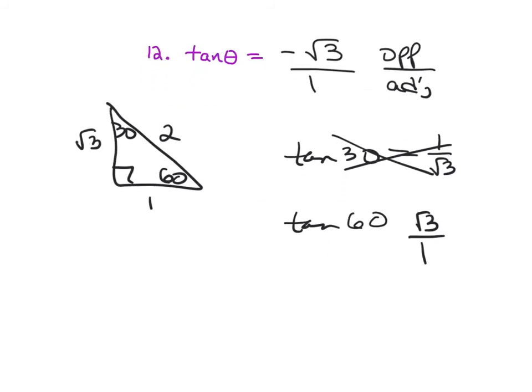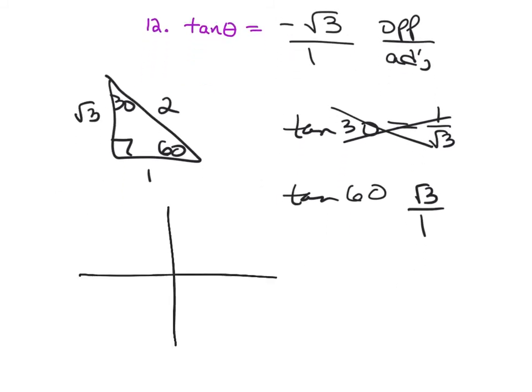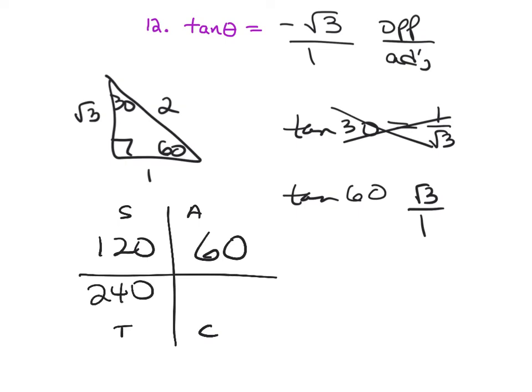So now we're going to do our All Students Take Calculus, starting with our 60-degree reference angle. In the second quadrant we subtract it from 180, in the third we add it to 180, and in the fourth I subtract 60 from 360.